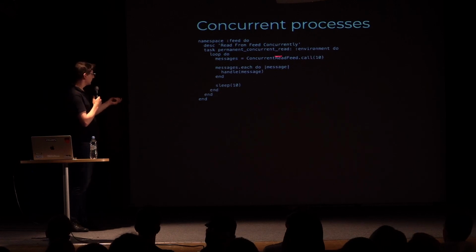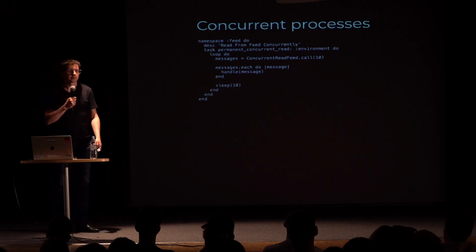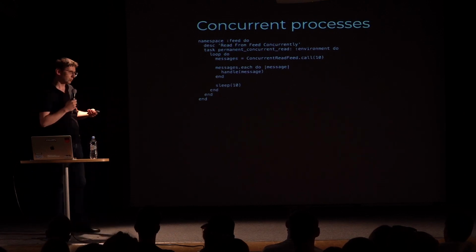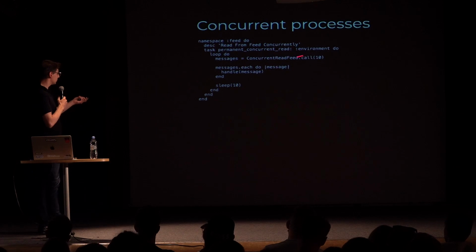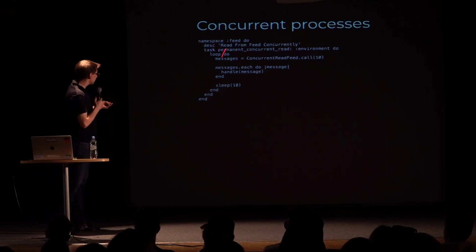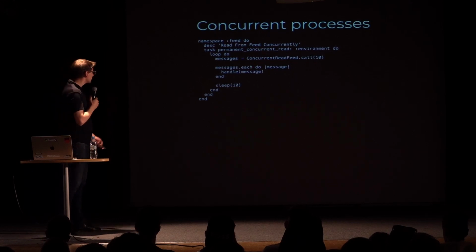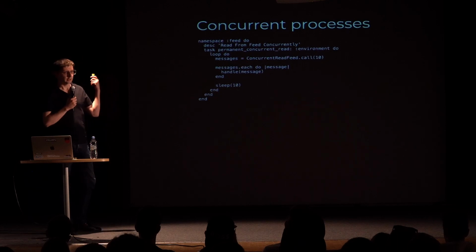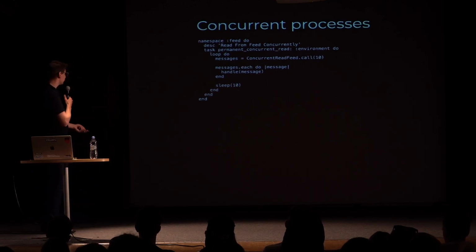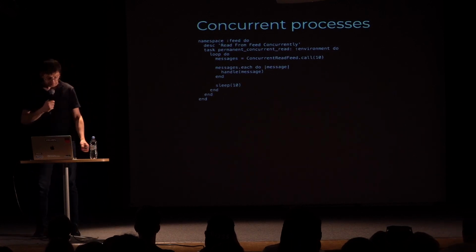So let's say this class, concurrent read feed, is able to maintain this read ability for concurrent processes. So we have a process just as we had a second ago, but now it has this concurrent reader. So we can just run 2 of those, right? And we have doubled the amount of messages that we can handle, and we've sped up our process by 2, more or less.